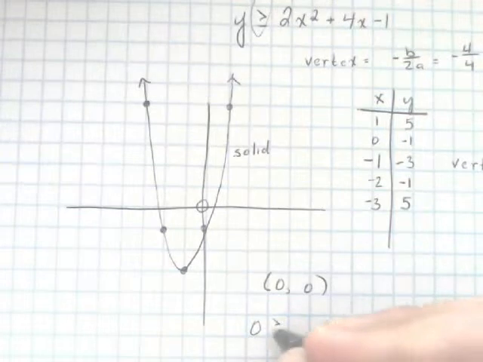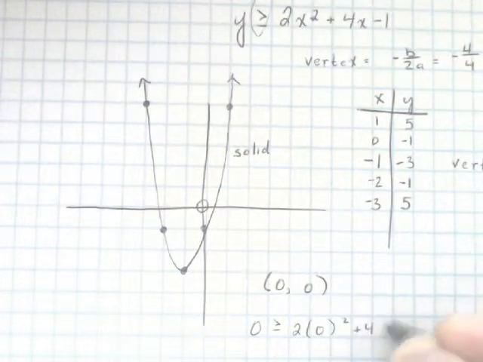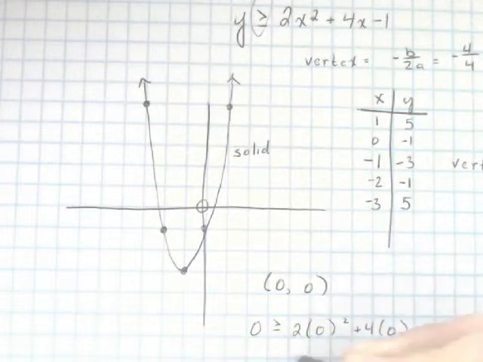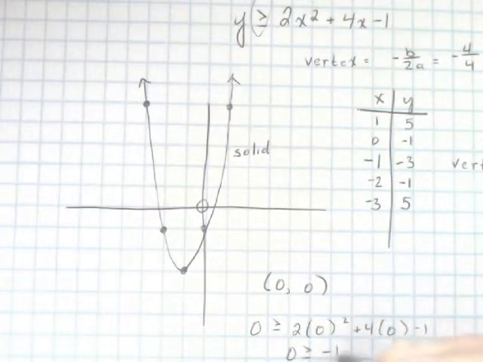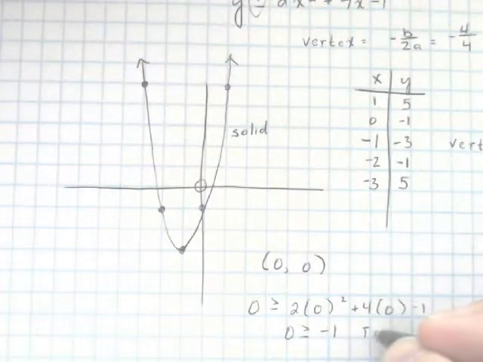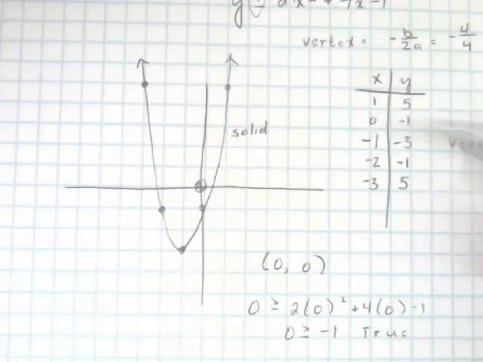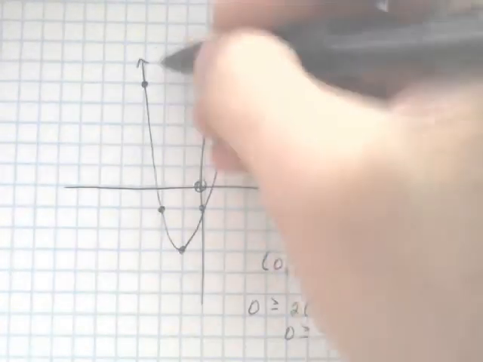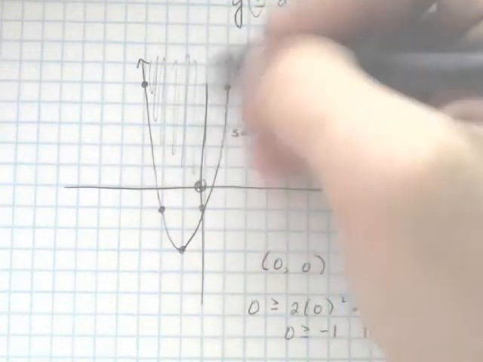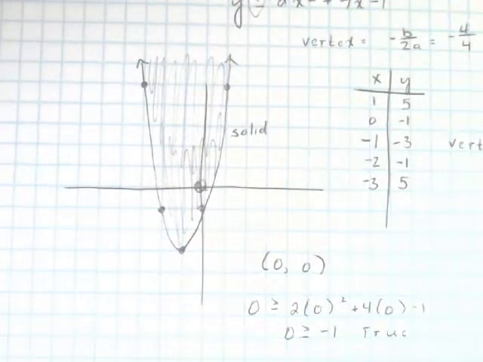I'm going to plug 0 in for y, plug 0 in for x. I'll get 0 is greater than or equal to negative 1. Okay, that is a true statement. So 0, 0 should be shaded. In other words, everything inside this parabola should be shaded.